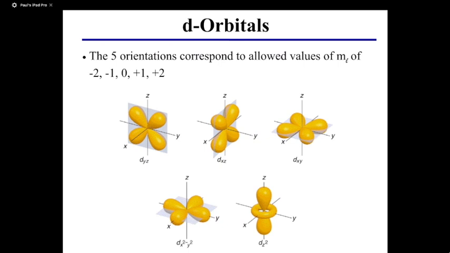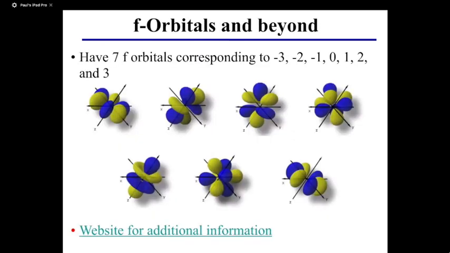But remember, the probability of where those electrons are, 95% of the time, will be in those shapes. Okay? So D have 5 different shapes, P had 3 different shapes, S had 1 shape. Okay, 1 shape, 3 shapes, 5 shapes. What about F? How many shapes? 7. These are them. They are dumbbells, but triple pairs. And then one with 2 dumbbells.